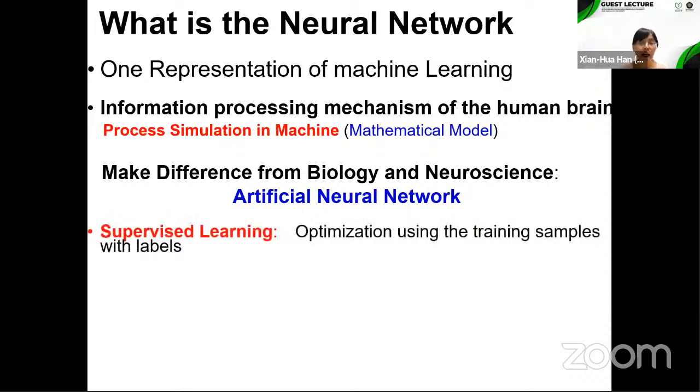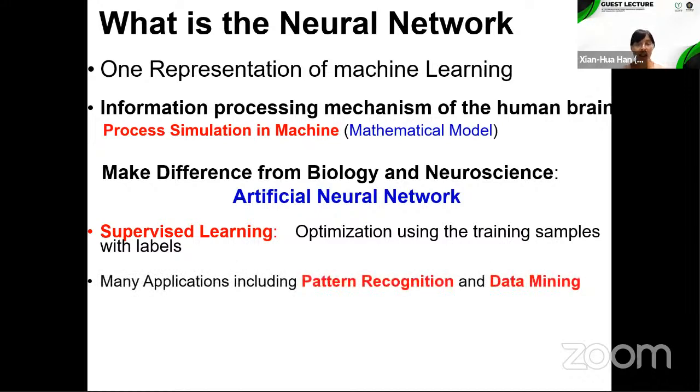Neural network was initially developed for supervised learning. Of course, it can also be used in unsupervised learning, but because of time limitations, we only introduce supervised learning. This means we need to optimize the model using the training set with labels.